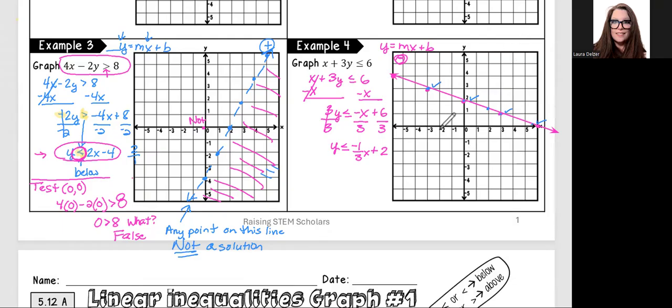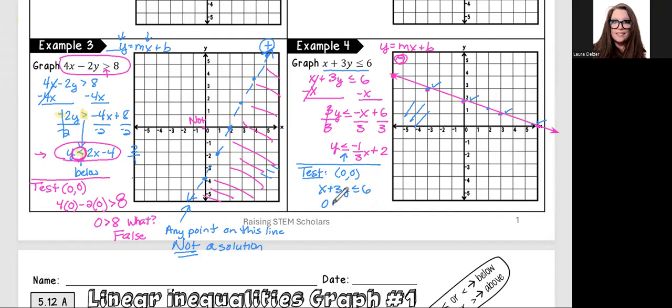We've got to decide which way to shade. This is saying we're going to shade below the line, so it should be this way. I'm going to prove to myself, I'm just going to double check my math because what if something weird happened? So I can test 0, 0. I've got x plus 3y less than or equal to 6.